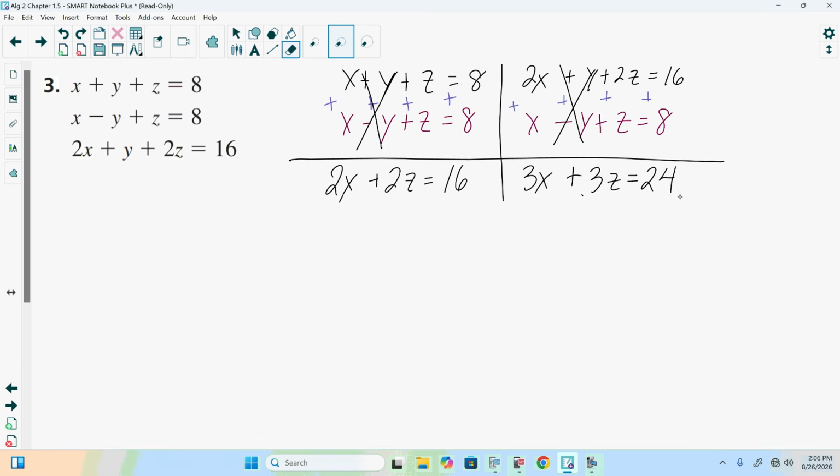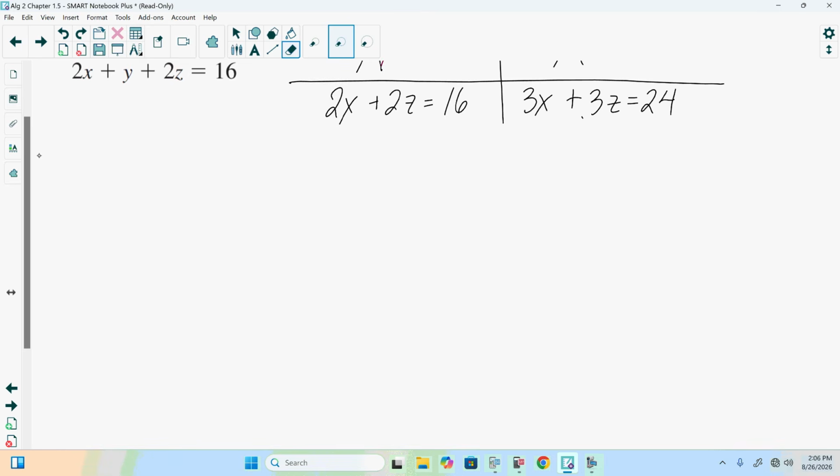However, I can't multiply 2x by a number and get it to be 3x. Can't multiply 3x by a number and get 2x. But what I can do is I can multiply this whole equation by 3 and this whole equation by 2. 3 times 2x is 6x.